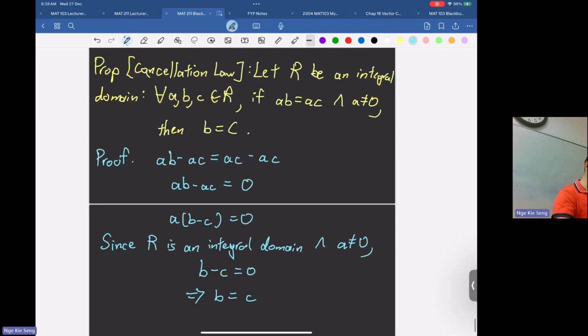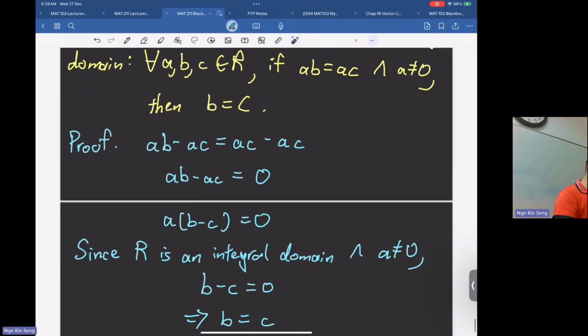You can see that we don't just cancel, we use the distributivity law, and then use the integral domain property. Does it make sense? Any question about this proof? This proof is very short and straightforward. You should get it on the spot. This is the expectation we have.